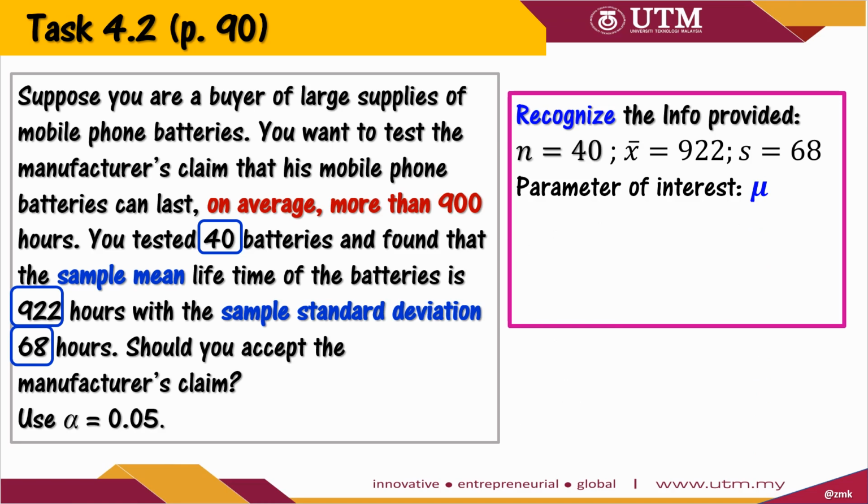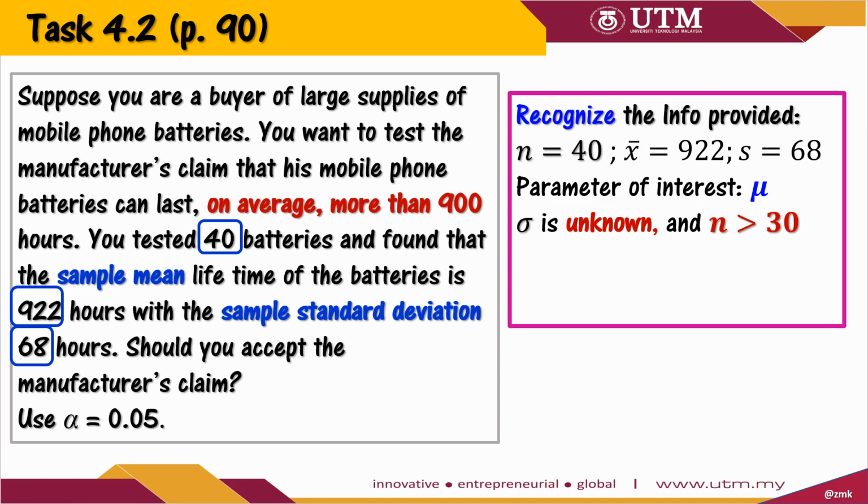Since it is mu, then again we need to identify which of the three cases to be used here. It first depends on whether the population variance sigma squared or standard deviation sigma is known or not. From the question, we do not have any information on sigma or sigma squared value. Therefore, sigma or sigma squared is unknown.